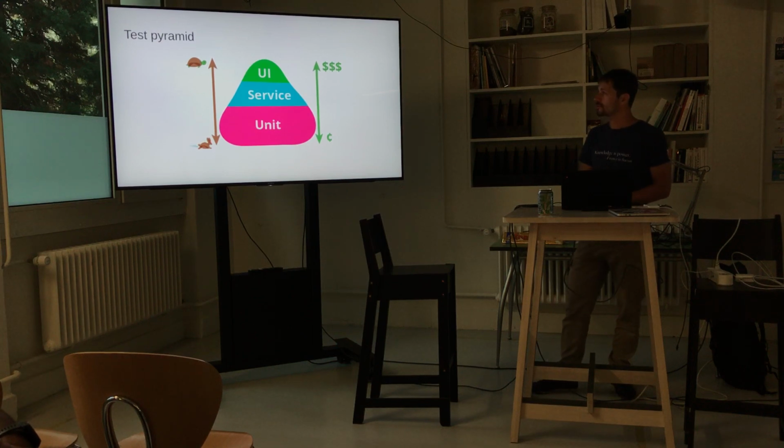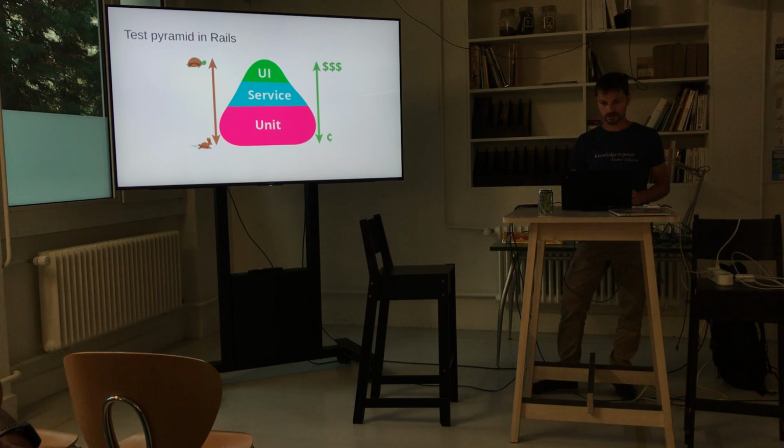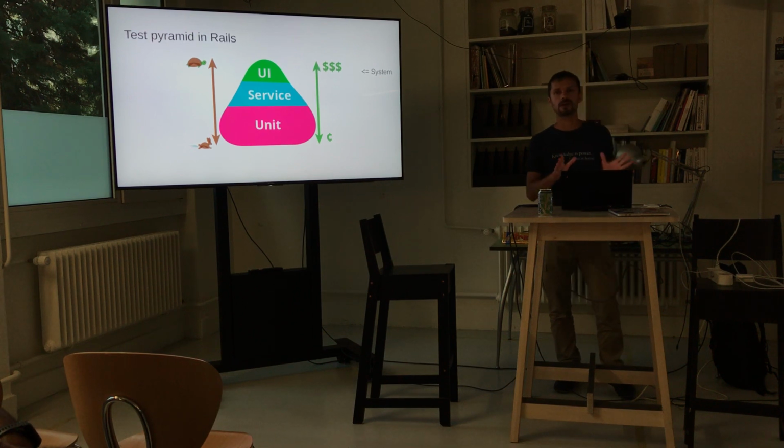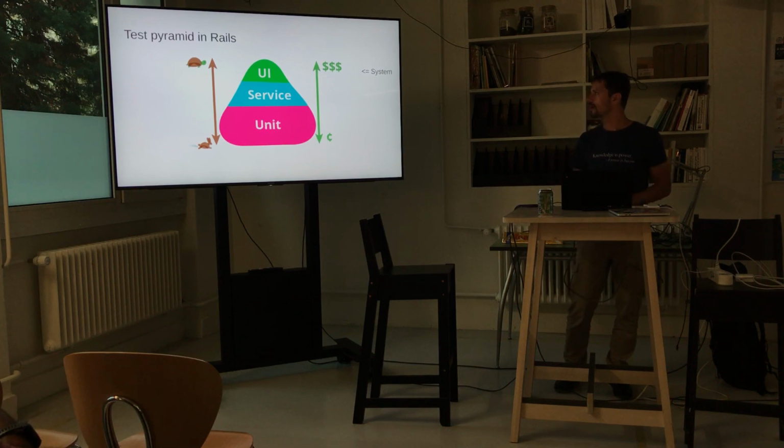And how does this translate into Rails? So Rails has system tests, and by the way, I'm talking about the stock Rails here. Nothing fancy at all. So Rails out of the box has system tests that drive the system through the UI. It has integration and functional tests.